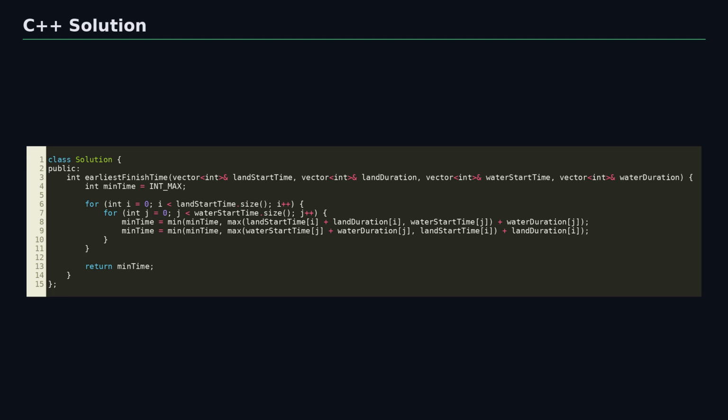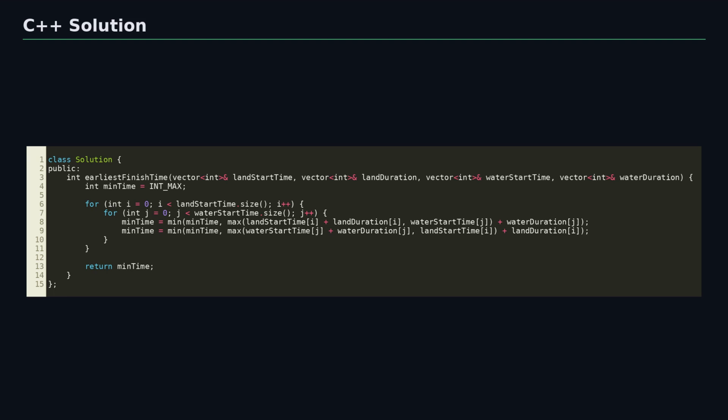We start by initializing the minimum finish time to a large value, using the INT_MAX constant. Then, we have 2 nested loops, one for the land rides and one for the water rides. Inside the loops, we calculate the finish time assuming the land ride is started first, using the max function to find the later start time between the land ride and the water ride.